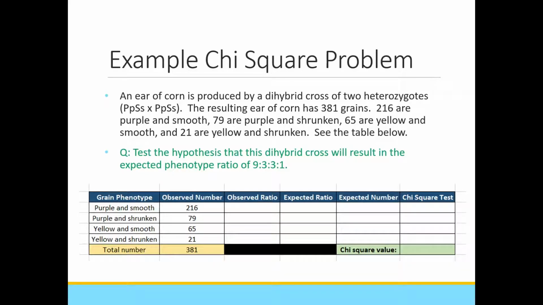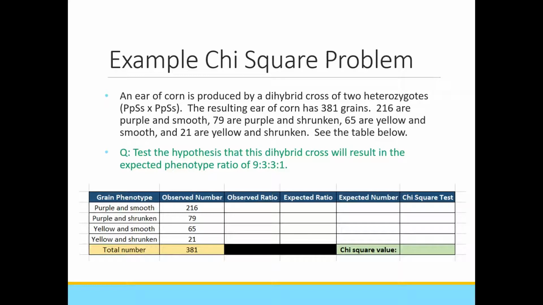So the resulting ear of corn has 381 grains, so basically 381 offspring. And we have observed that 216 are purple and smooth, we have 79 that are purple and shrunken, and so on and so forth. So you can see this table here.